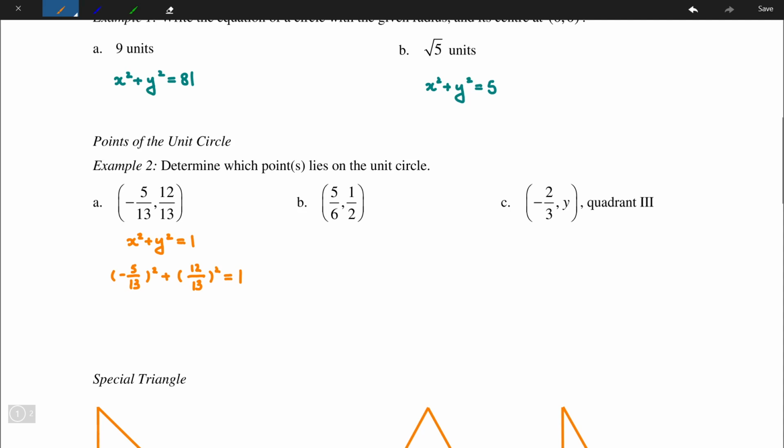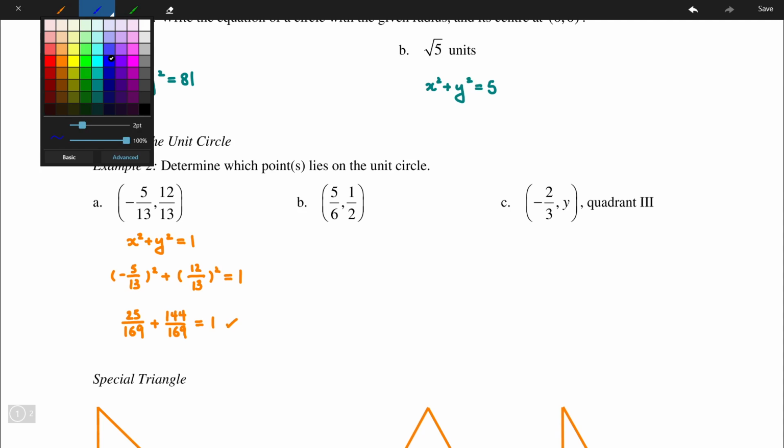If that point, (negative 5 over 13, 12 over 13), is on the unit circle, then the two sides of the equation should be equal. So we have 25 over 169, and then we have 144 over 169, and that, of course, is equal to 1. So the point is, in fact, on the unit circle.